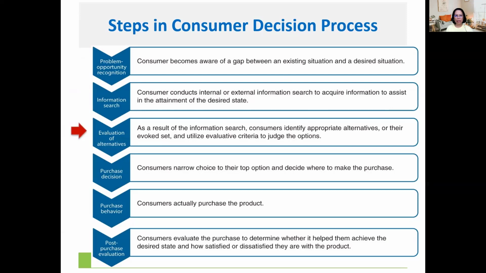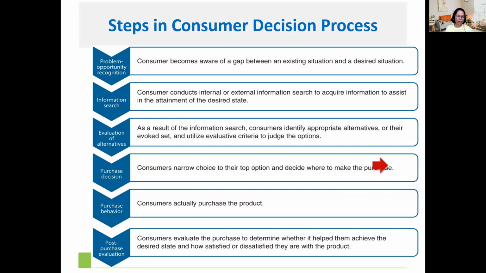Then next is evaluation of alternatives. As a result of the information search, consumers identify appropriate alternatives in their evoked set. We will be discussing what the evoked set is later, and utilize evaluative criteria to judge the options. Next is purchase decision. This is when consumers narrow choices to their top options and decide where to make the purchase.